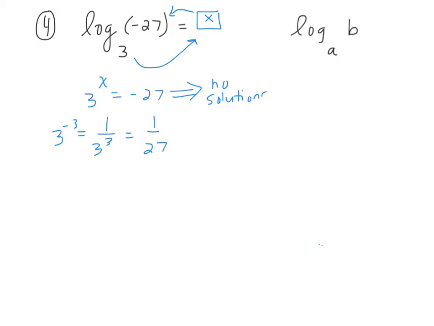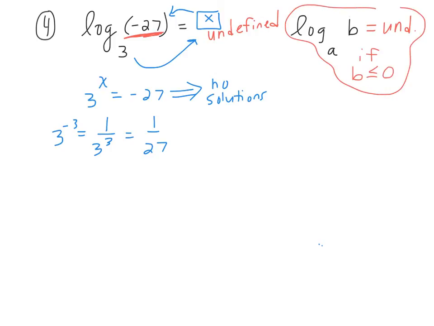That suggests you cannot take the log of a negative number, so this also is undefined. In general, log base a of b is undefined if b is less than or equal to 0. You cannot log a negative number, and you cannot log 0, as we saw in the previous one.